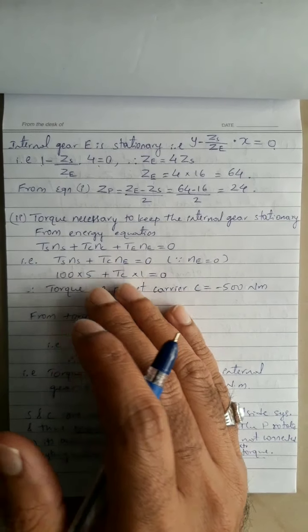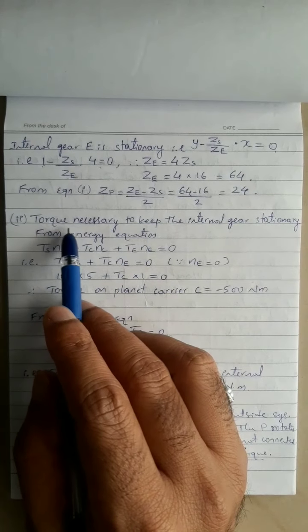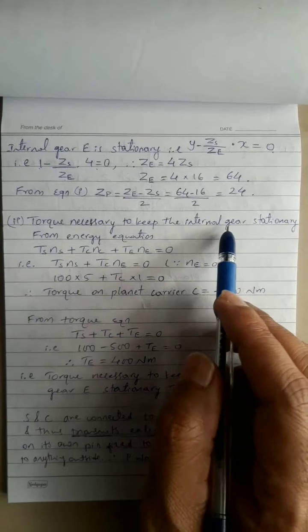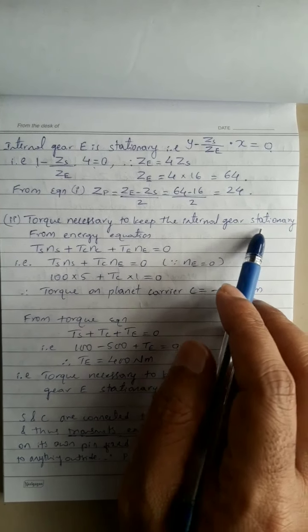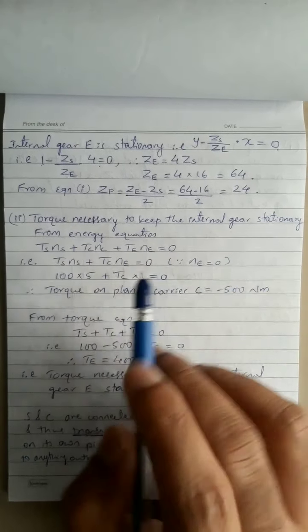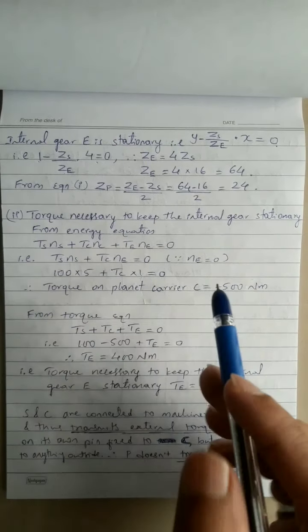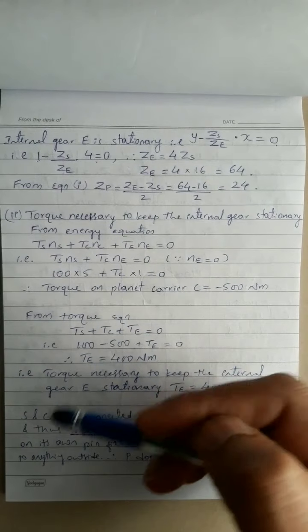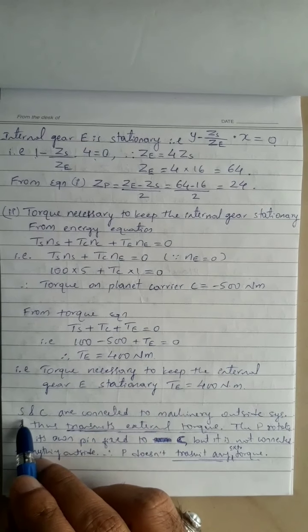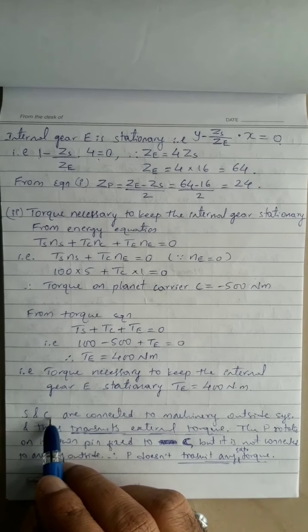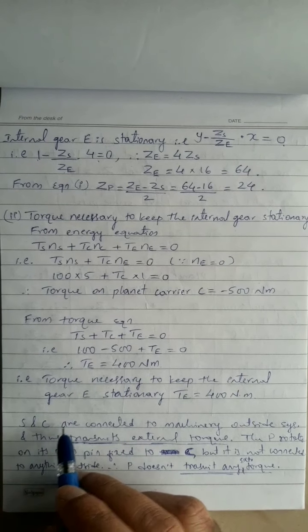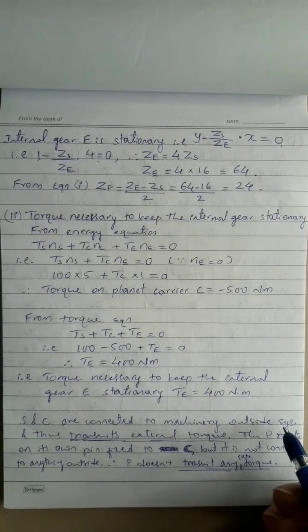Next we have the second part in the question, the torque necessary to keep the internal gear stationary. For this we need to write the energy equation. Before we write this energy equation, we should keep in mind that the sun wheel S and planet carrier C are connected to the machinery outside the system.